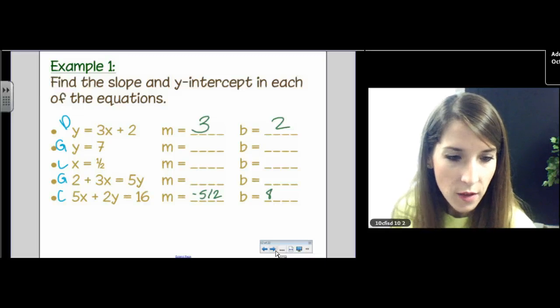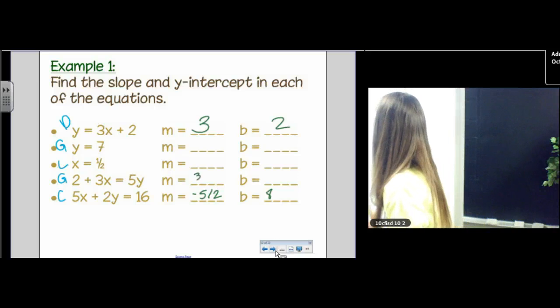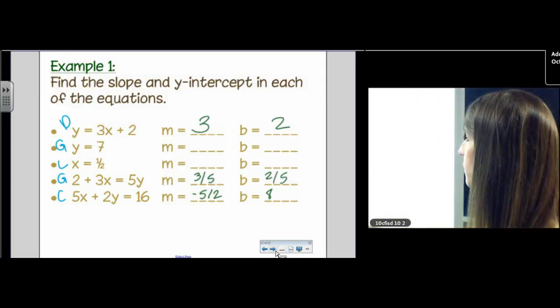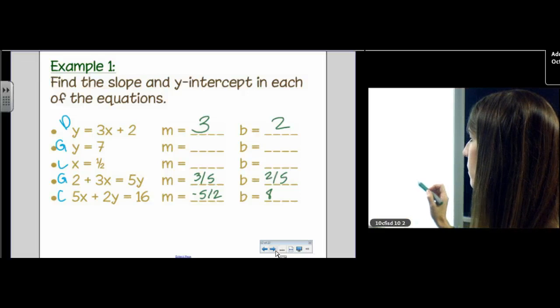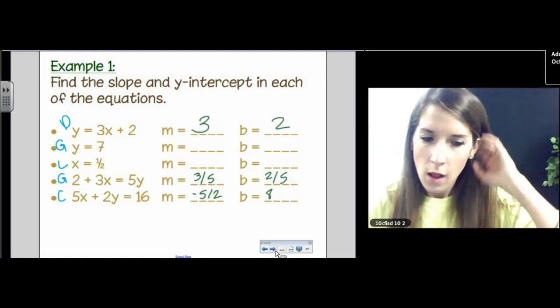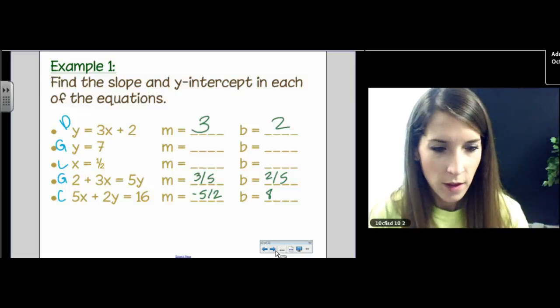Graham is getting 3/5 and 2/5. Those are looking good. Who else? Ganesh and Lars.